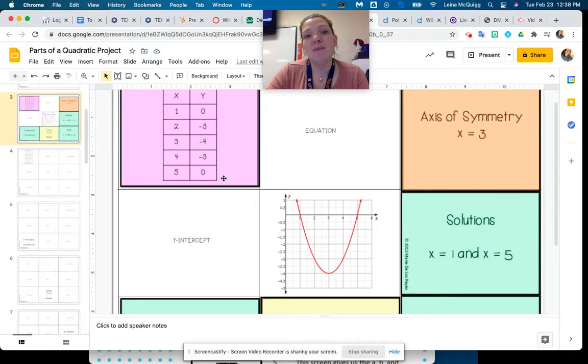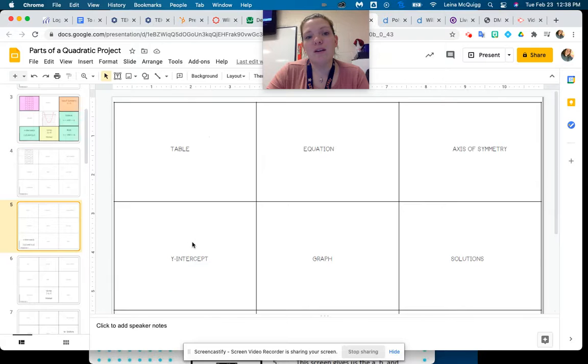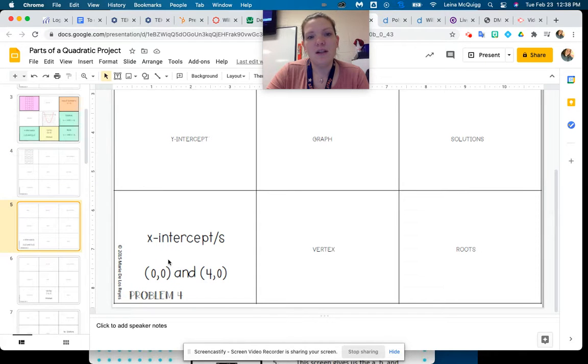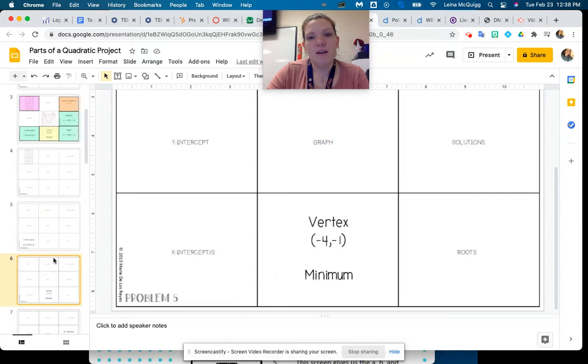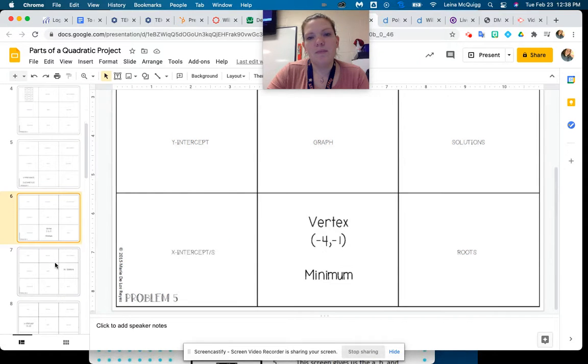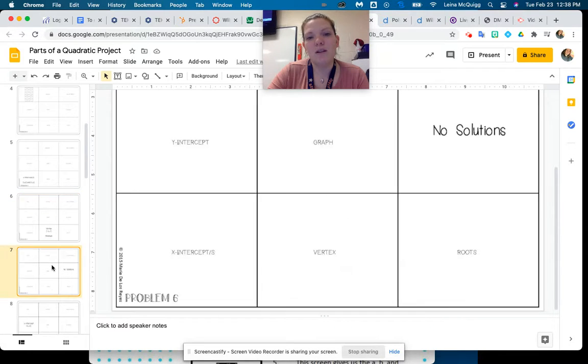But from this point, you can go through and start working on the rest of these. So you have x-intercepts. These are your x-intercepts. That means these two better have the same thing, right? Then maybe look for a graph that has these x-intercepts and see if you can work from there. Then come to the vertex, you can at least identify your axis of symmetry and maybe see if you can find a graph with this vertex.